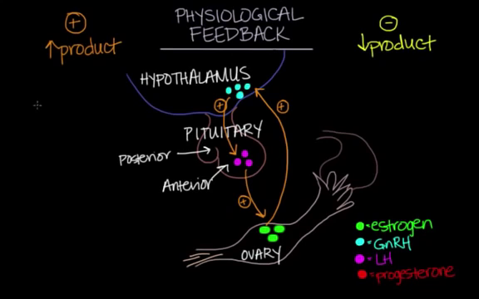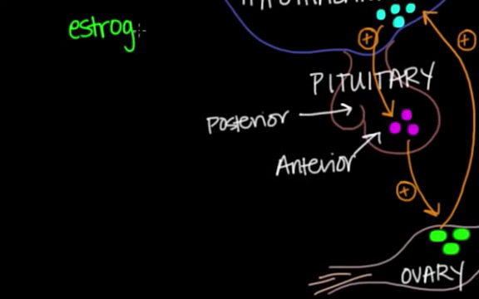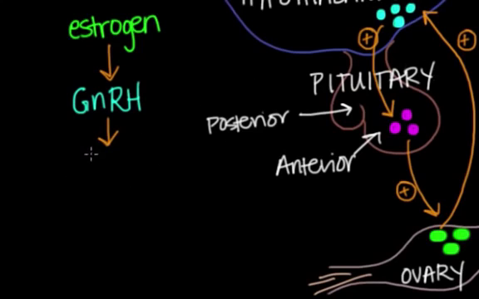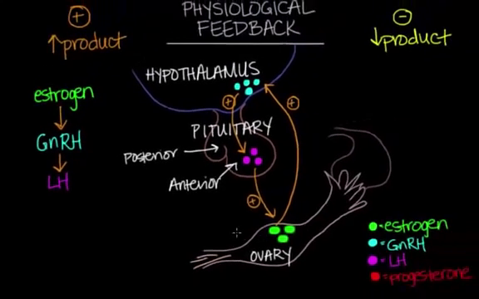So estrogen is produced, let's write that over here, which triggers GnRH, and that works to trigger LH. Now GnRH and LH are going to be accumulating in our blood due to positive feedback. So when high amounts of LH are produced in the blood, another hormone will wake up, so to say, and that hormone is called progesterone.